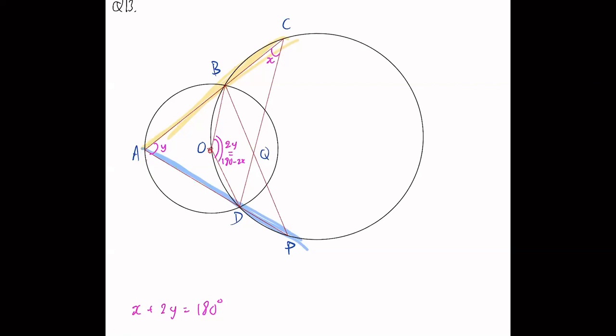How? This is 2y. This is not. Okay. How?